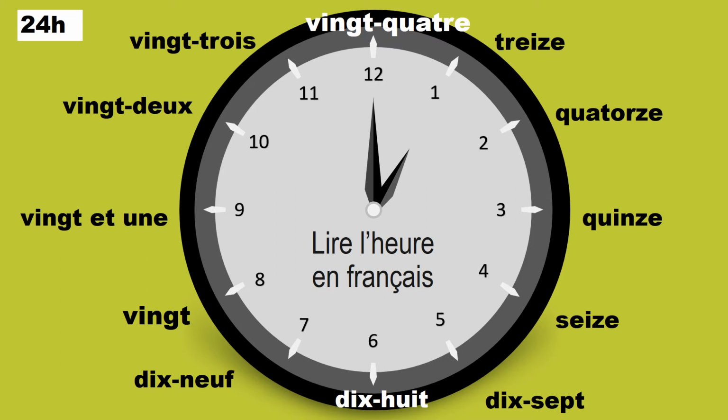And here I'm saying 21 because heure is feminine. Je répète, il est 21 heures. When it's 10 p.m., it is il est 22 heures. When it's 11 p.m., il est 23 heures.